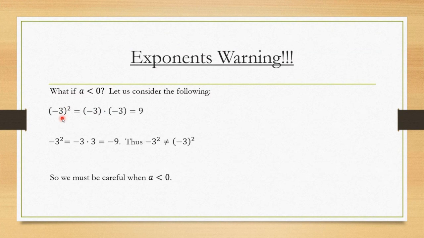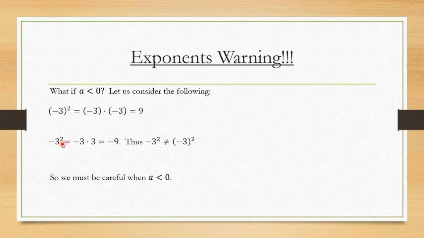Well, by what we just saw, this is equal to -3 times -3, which we know is 9, by our SAP and SUN rules, I think they call it. SAP meaning signs alike, the answer is positive. SUN meaning signs unlike, the answer is negative. So that's what (-3) squared is.